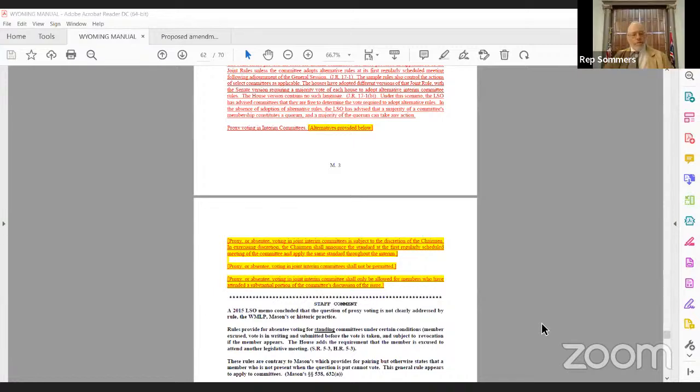Dave, I'm just reading down below the staff comment. The staff comment included that the question of proxy voting is not clearly addressed by rule or procedures manual. But as far as absentee voting, my recollection of the original discussion is it's been kind of all over the place. Dave, maybe remind us again where we're at.